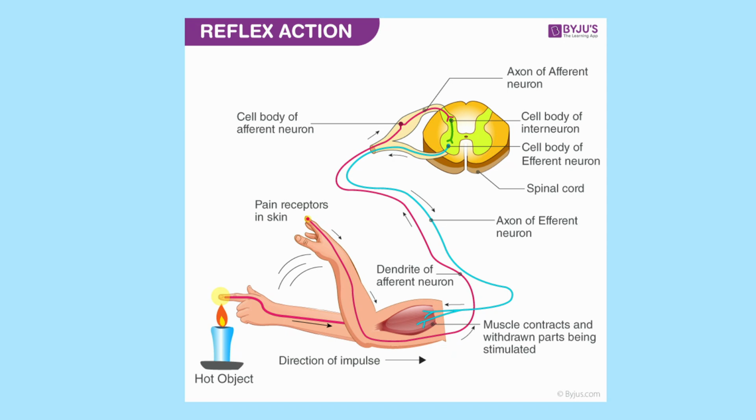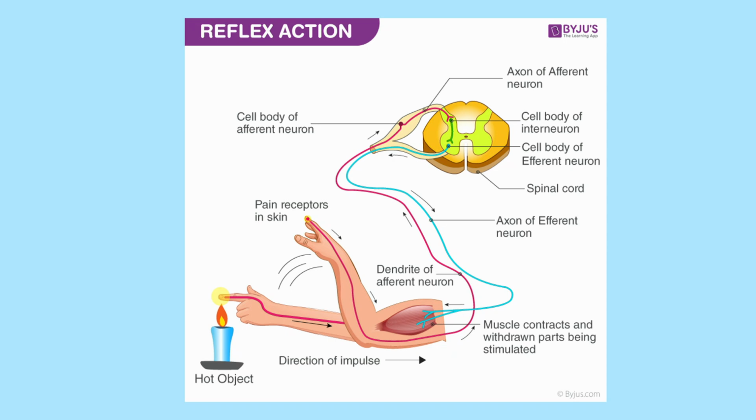So here's a summary of what I just said in a diagram, so you can see, like, touching the flame, the first neuron brings the signal to the spinal cord, which is the afferent neuron. Then it synapses in the spinal cord, that little green neuron would be the interneuron.